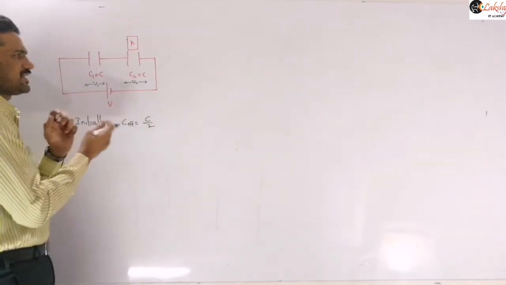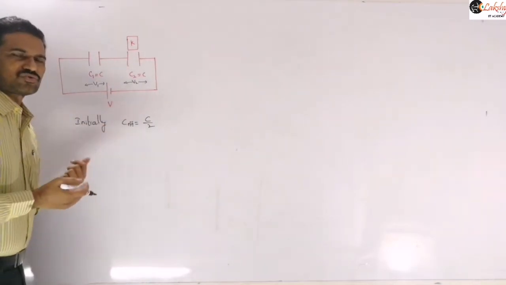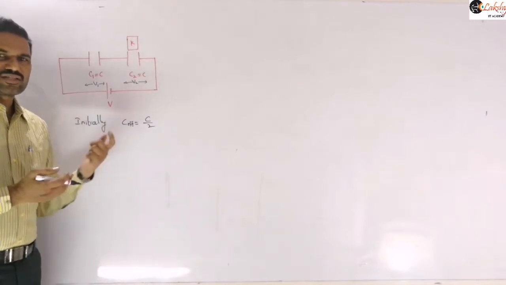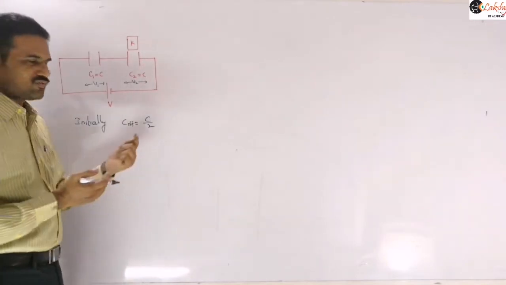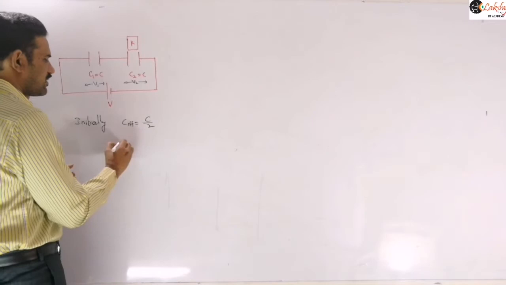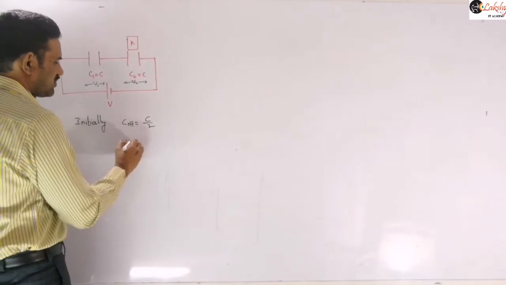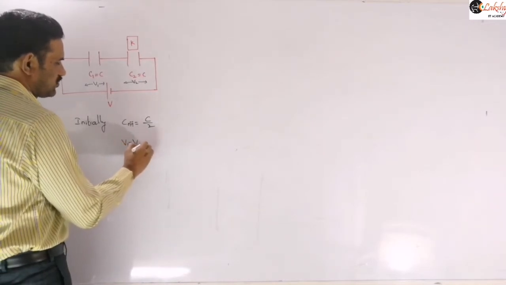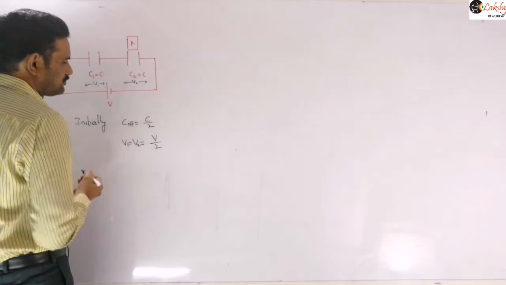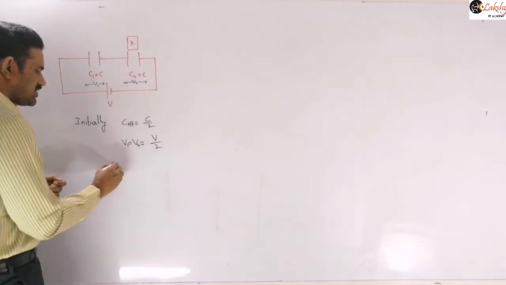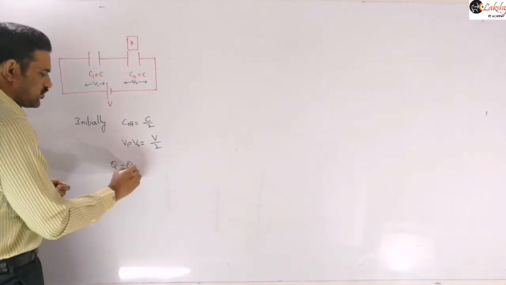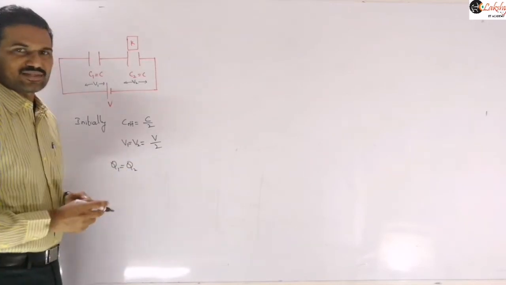As both are identical capacitors, you can conclude that the potential difference across each capacitor will be equal, which is half of the cell EMF. So I can write V1 is equal to V2 is equal to V by 2. And the initial charge on each capacitor will be the same, Q1 is equal to Q2, because both are in series here.